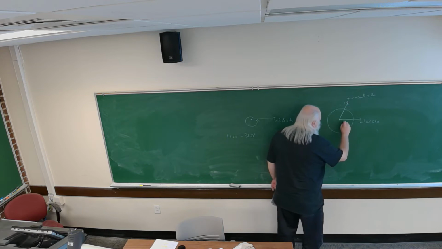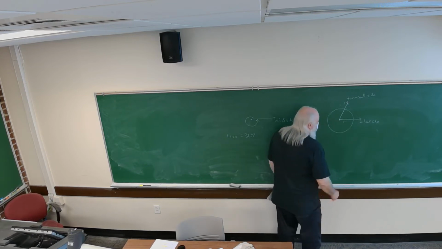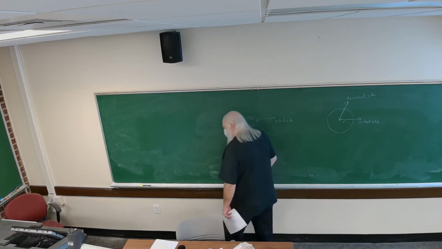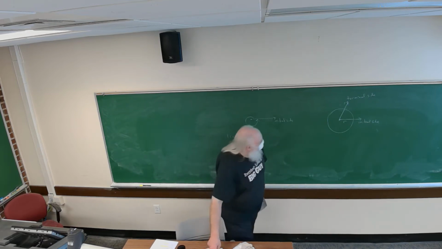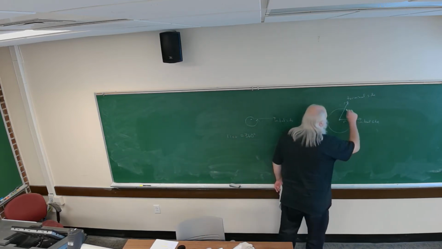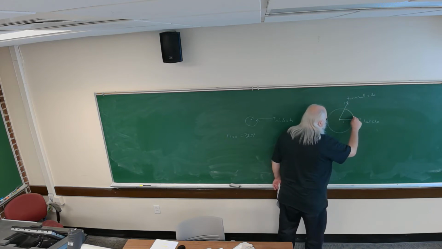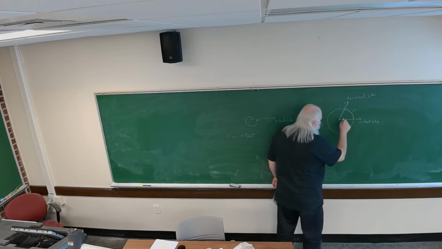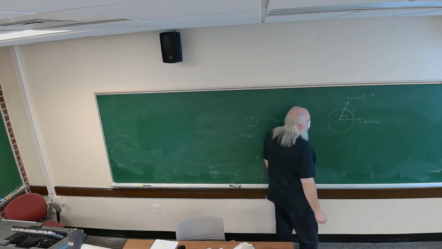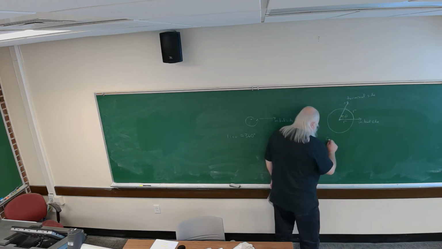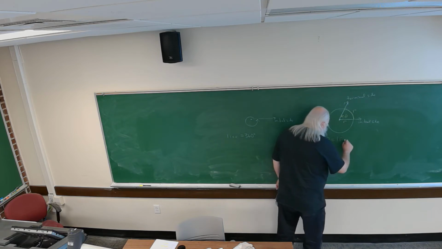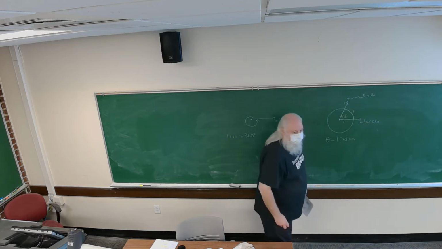The radius of the circle is r units, and the length of the arc between the initial side and the terminal side is also r units. And so the angle, call it theta, between the initial side and the terminal side is one radian. That's where we ended yesterday, at the top of page 2.